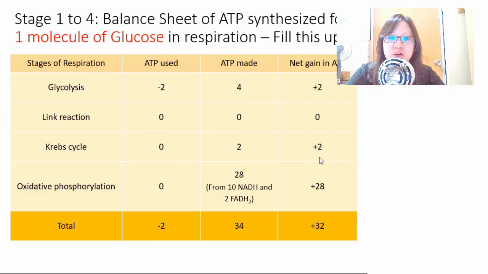In oxidative phosphorylation, as we just calculated, 28 ATP are made from 10 NADH and 2 FADH2. Add that up together and you get 32 molecules of ATP per glucose.